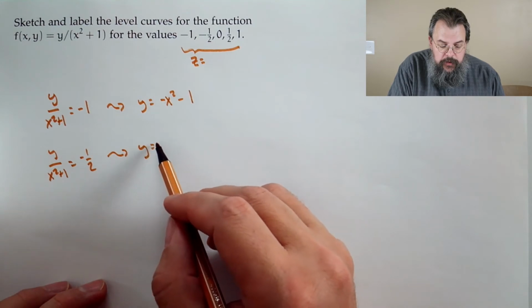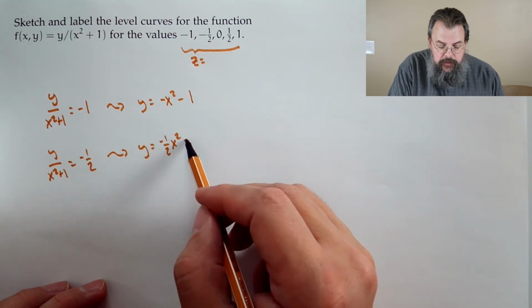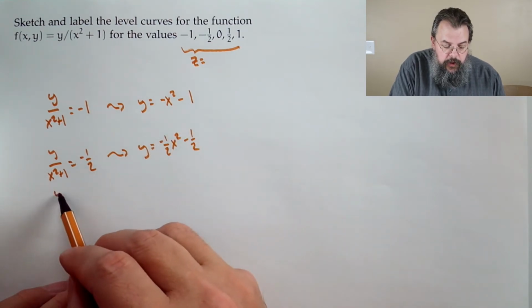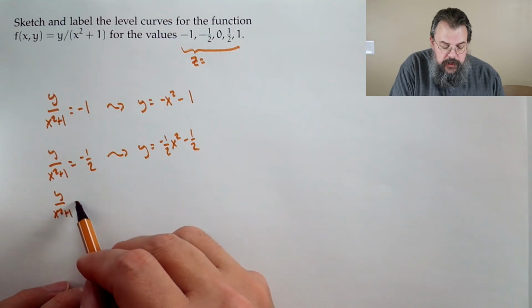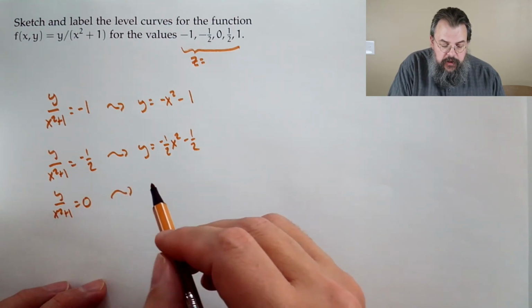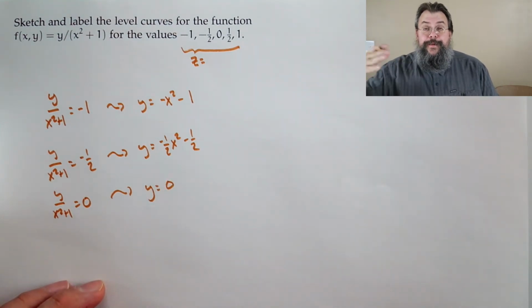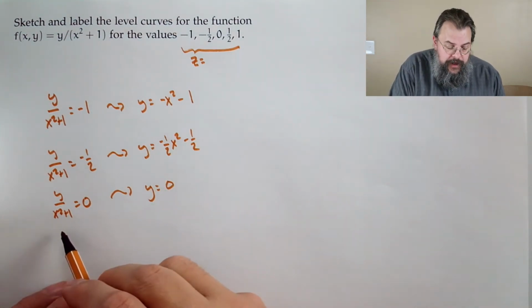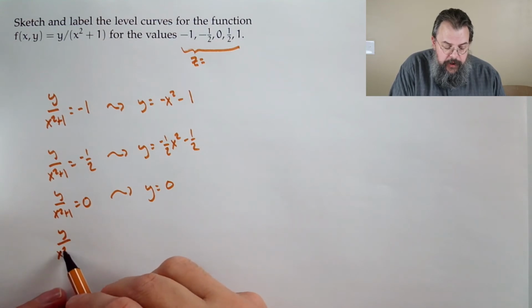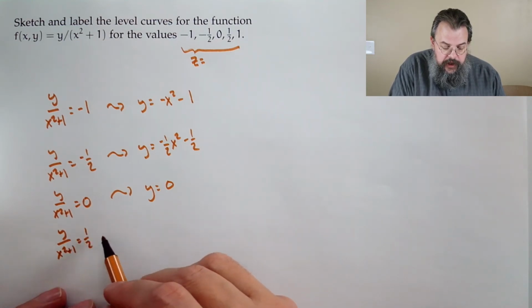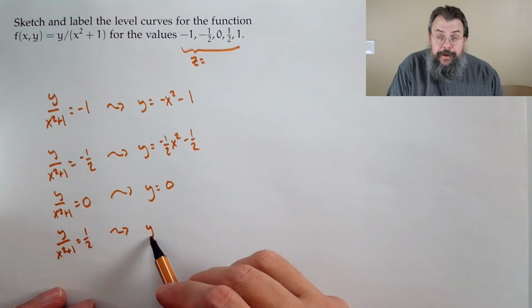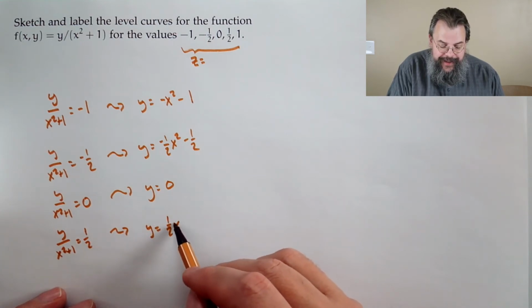That's y equals -0.5 x squared minus 0.5. Y over x squared plus 1 equals 0. Well, that's y equals 0. See, we're clearing our denominators, multiplying across. And you probably can say, wow, I spot a pattern here. I think I can see where we're going. Good. That's what we want.